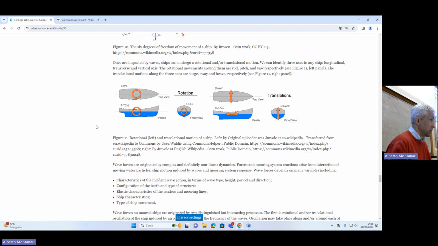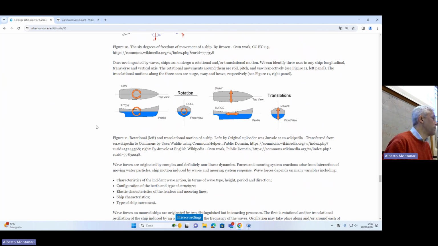And this interaction really depends on the direction of waves with respect to the longitudinal axis of the ship, and depends also on the geometry of the ship. So it's extremely complicated. And there are extremely complex numerical models to analyze this possible interaction. Actually, in naval engineering, ships are designed on the basis of very complicated numerical models. I think you may have had some information on that.